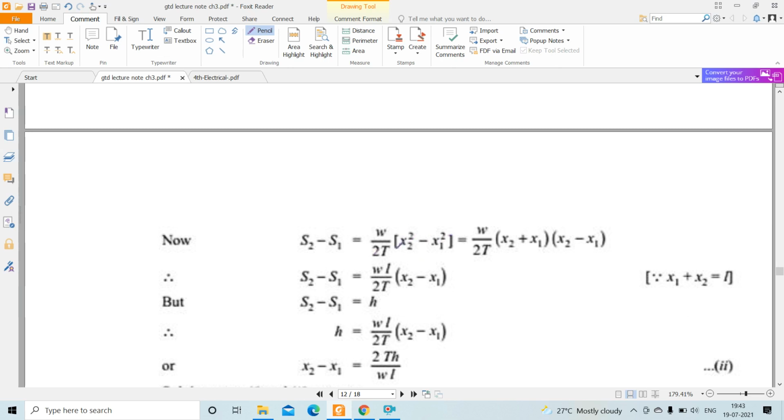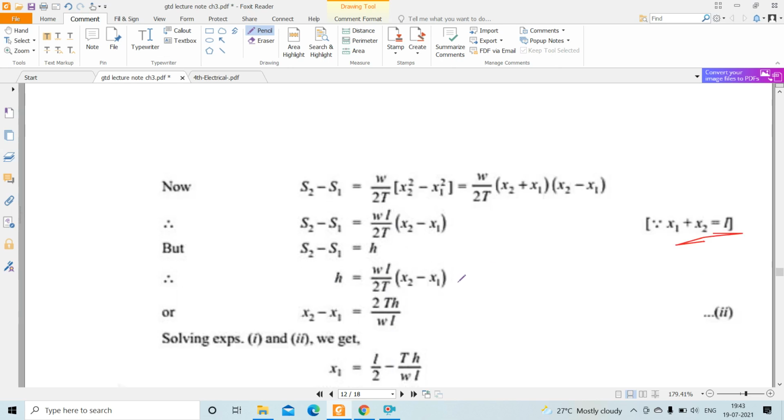So W by t is taken common, x2 square minus x1 square. This is the a square minus b square formula, so it is a plus b into a minus b. And x1 plus x2 gives us L, so we can put L in its place. So S2 minus S1 is equal to WL by 2t into x2 minus x1.